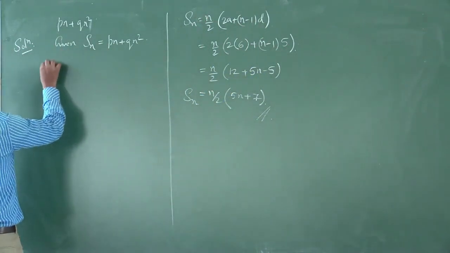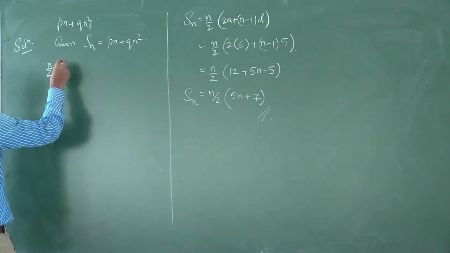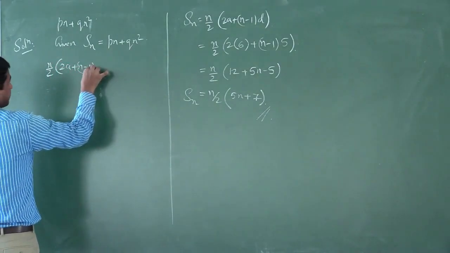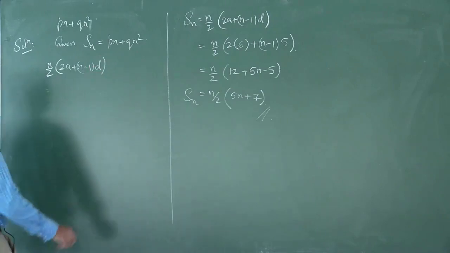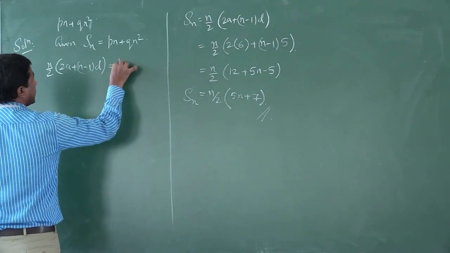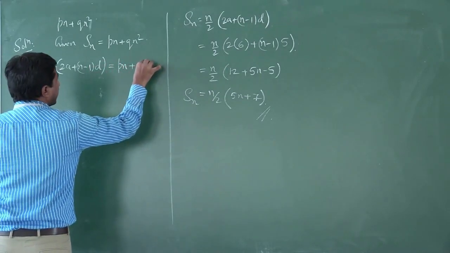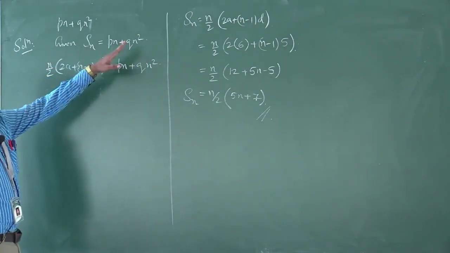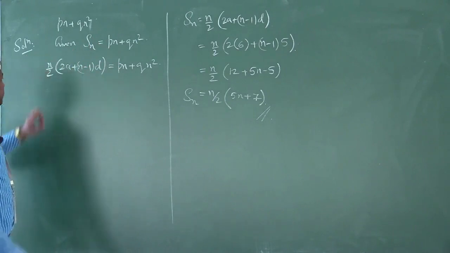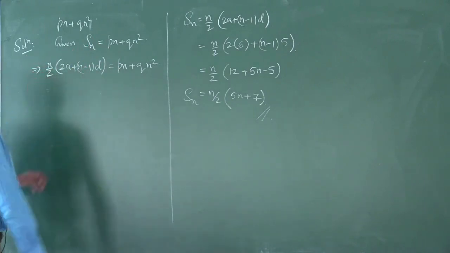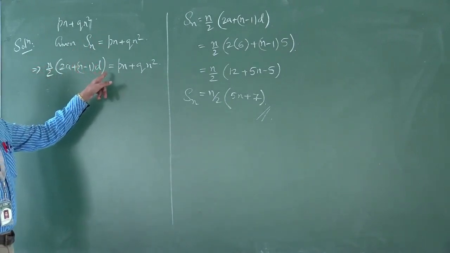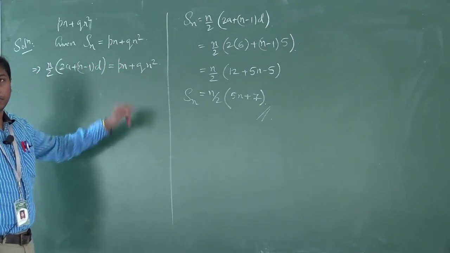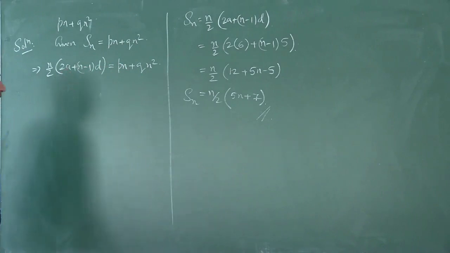Sn is n by 2 into 2a plus n minus 1 into d equals Pn plus Qn square. Okay, so this equation becomes n by 2 into 2a plus n minus 1 into d on the LHS. The RHS is Pn plus Qn square.